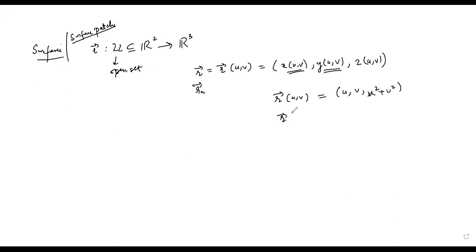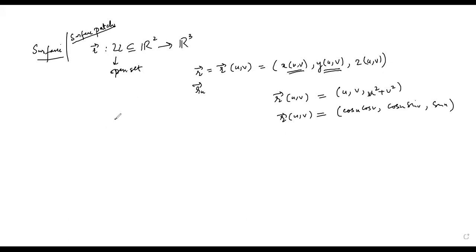Similarly, we talked about our sphere that was cos u cos v, cos u sin v, and then sin u. So this would be our parameterization of a surface, and then we showed there can be more than one parameterization.